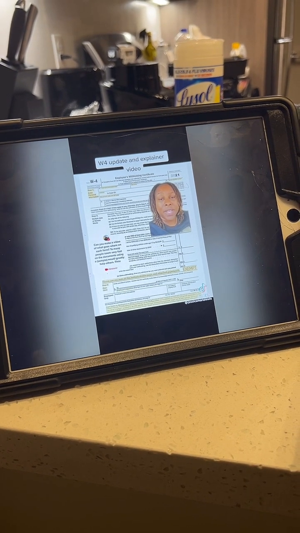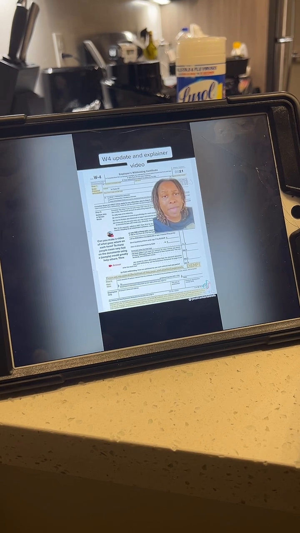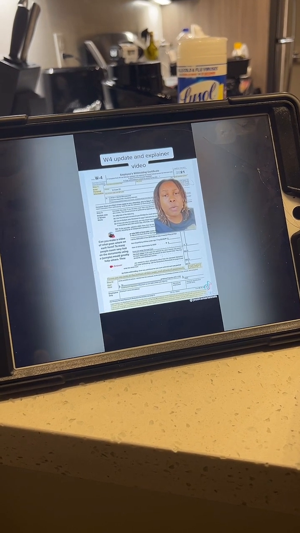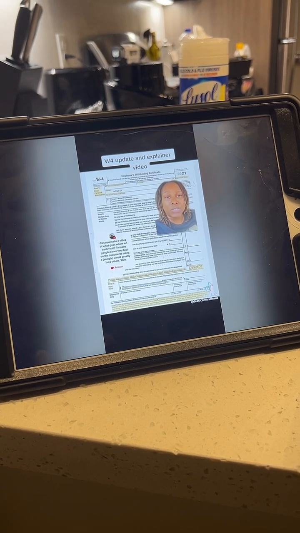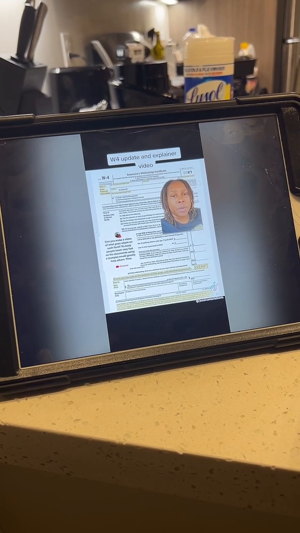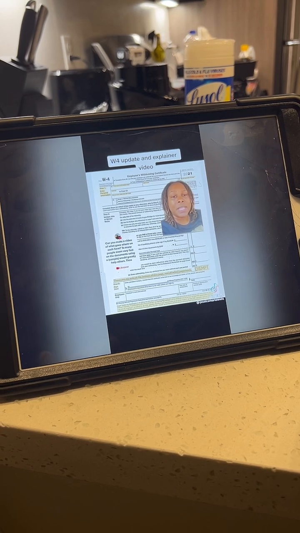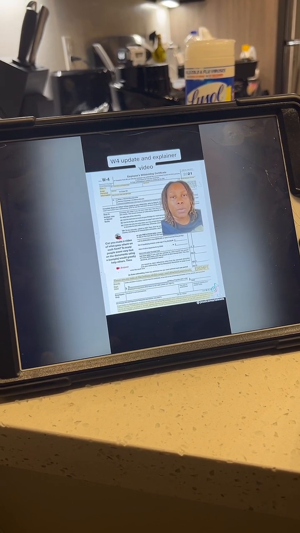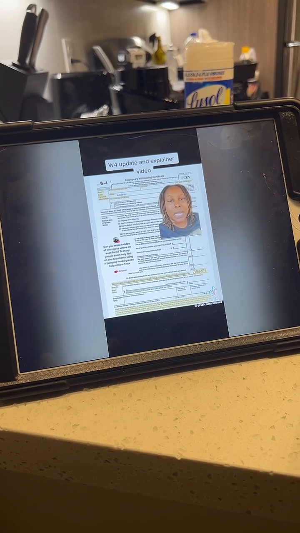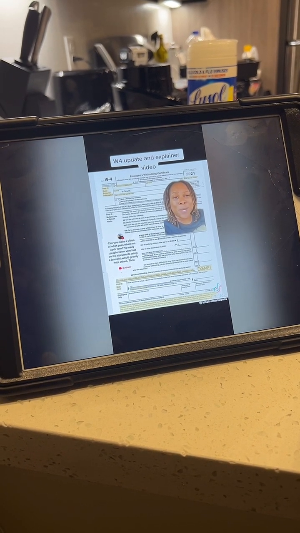You put their name and their address. If you have an account number and you don't have any other evidence to go with the W-4, put that there. Next to that, put the date of that contract, the date you first started service with them or got a product from them, and then their EIN. You can request that via the W-9, or you can go on eintaxid.com, or just call them and ask for it.